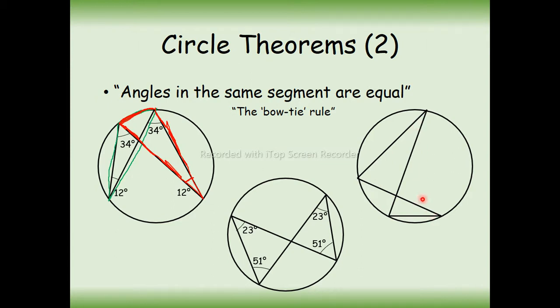Yes, they are equal. So that's the rule. If this is 65, this must be 65, and if this is 21, this must also be 21. And so that's the rule: angles in the same segment are equal, or we say angles that are subtended by the same arc are equal.